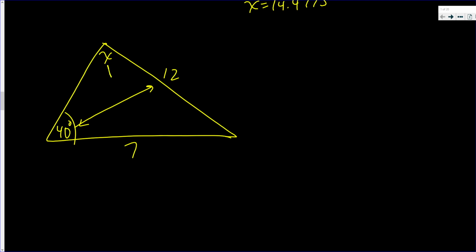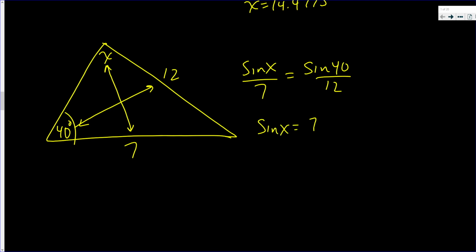And here we have the unknown angle and the side opposite it. So there's 3 of the 4, piece of cake. It's sine of x divided by 7 equals the sine of 40 divided by 12. The piece of cake was writing this equation. Now bring the 7 up. 7 sine 40 over 12.